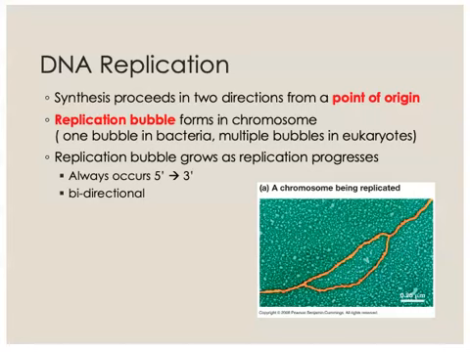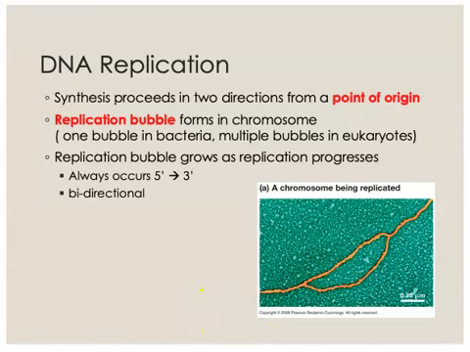That means that the DNA polymerase enzyme can only build DNA in that direction, 5' to 3'. It can only add new nucleotides to a growing strand, a new strand of DNA at the 3' end of the molecule.